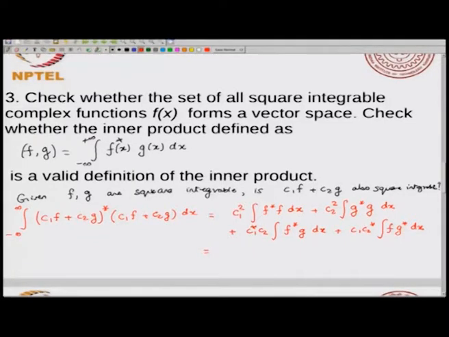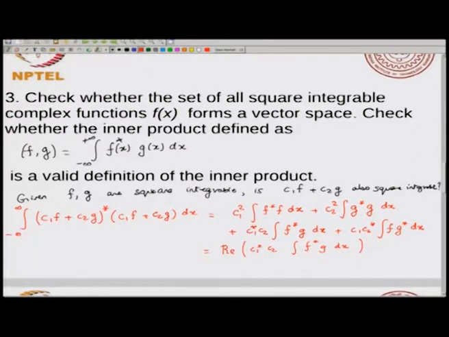So I can write this as the real part of C1 star C2 integral f star g dx. Okay. And now, actually, we will see this in a minute.